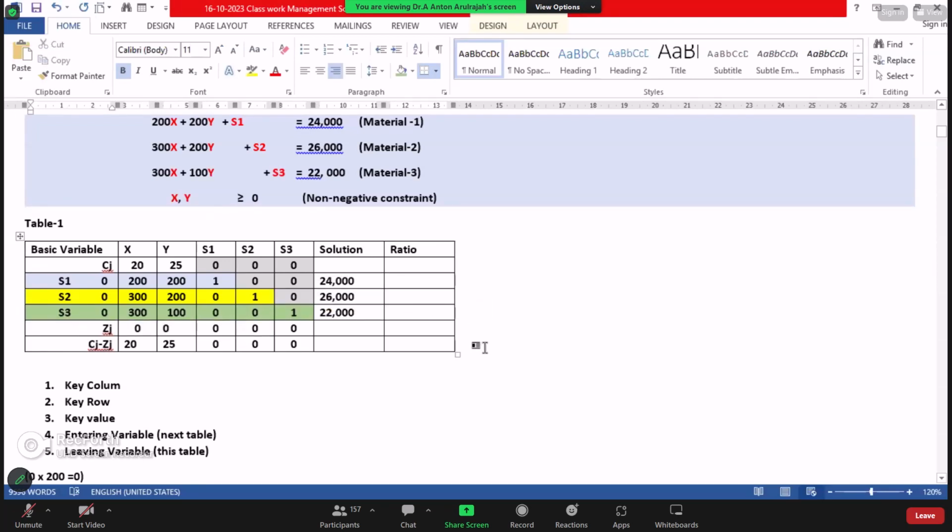So now we have found it. Now from this we have to find the key column. Key column, how to find it?